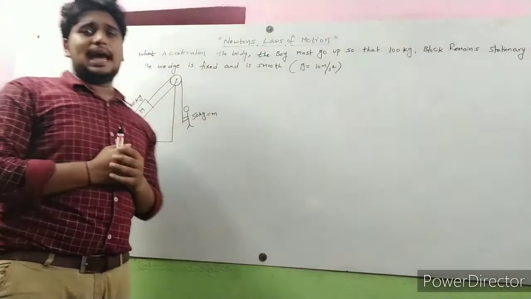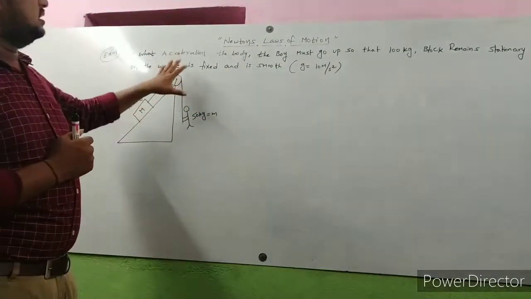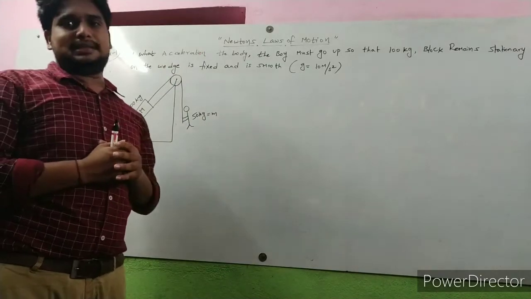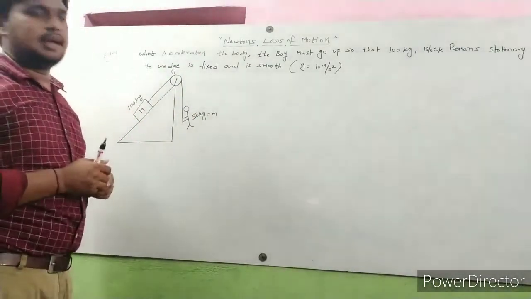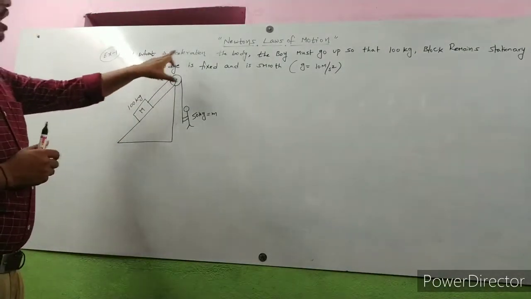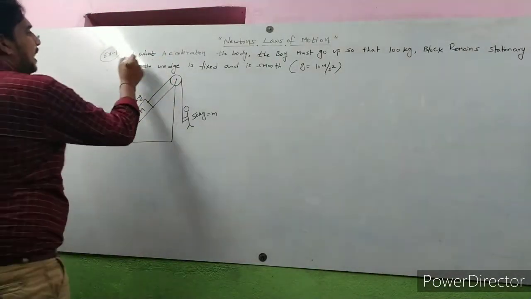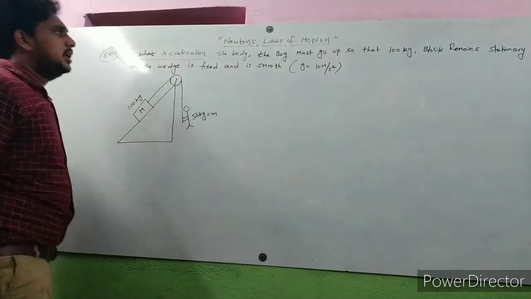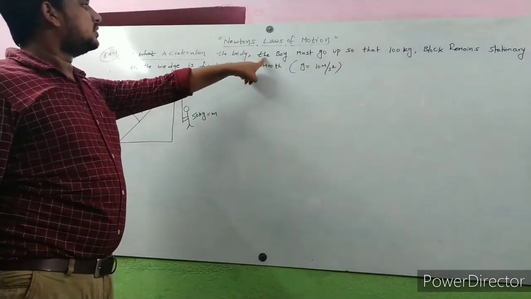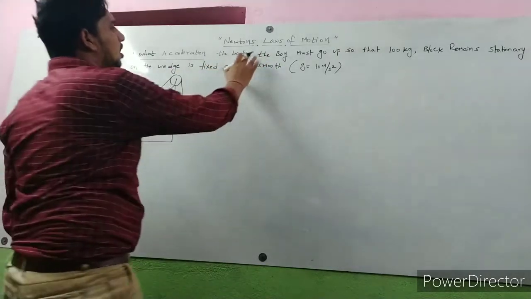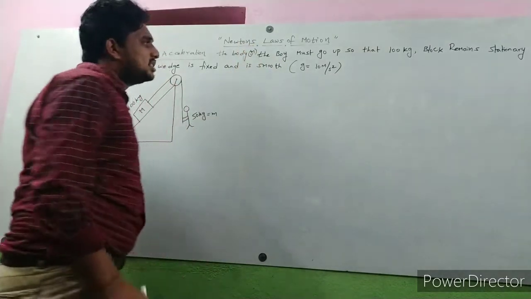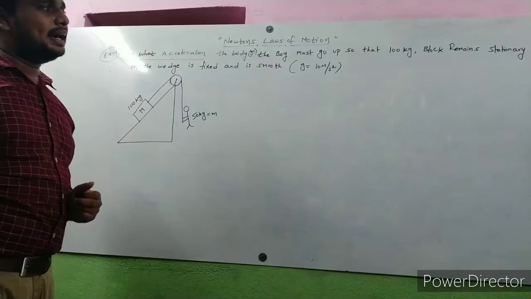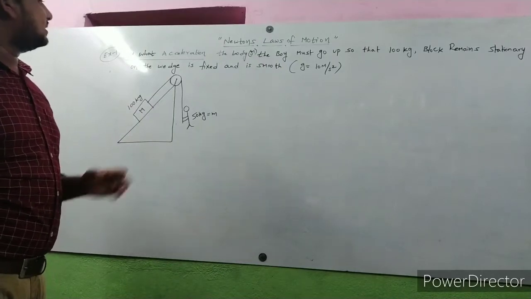So today I am going to discuss numericals related to pulleys and wedges. First question, example 1. By what acceleration must the boy go up so that the 100 kg block remains stationary?